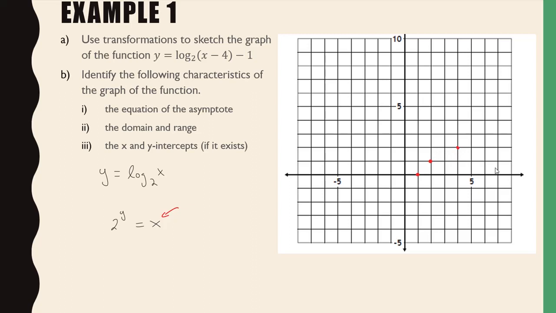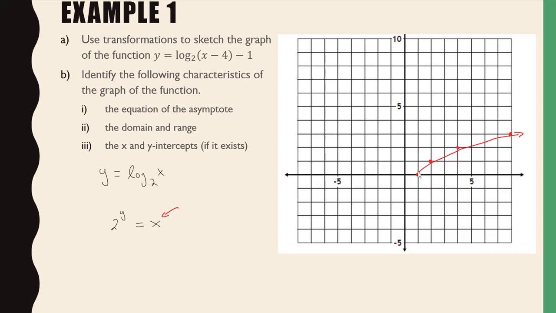And I also know what 8 is. So then 2 to the power of what is 8? Well, we have 8 comma 3 then. So we're getting our graph this way. Now as we go into negative heights, 2 to the power of what gets me 1/2?